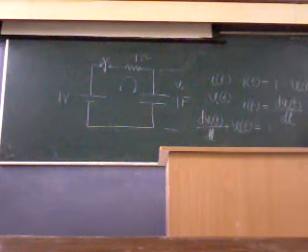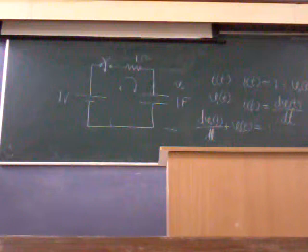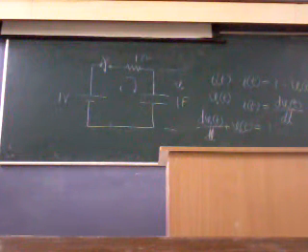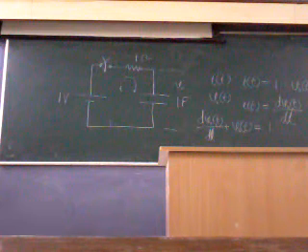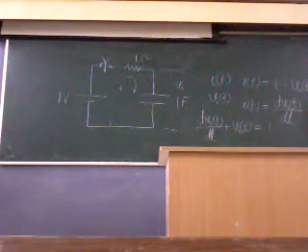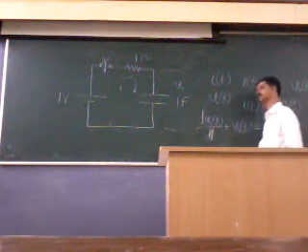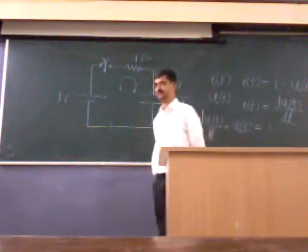Which kind of functions can satisfy this? What we want is that the voltage Vo(t) and its derivative should add to a constant, they should add to 1.